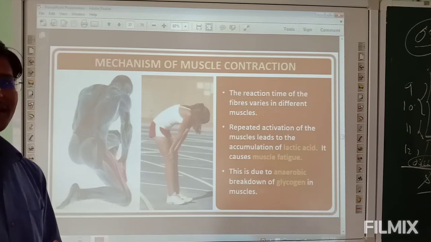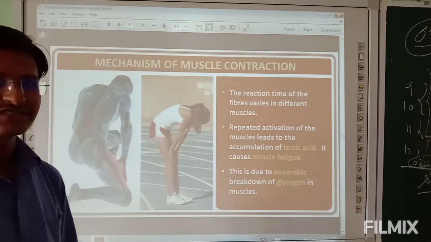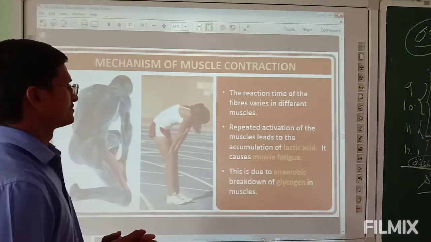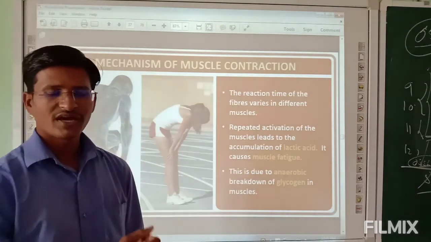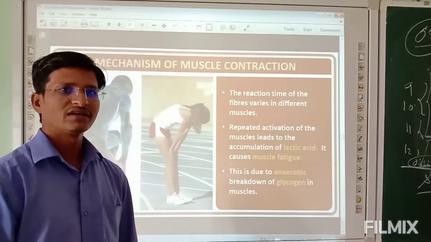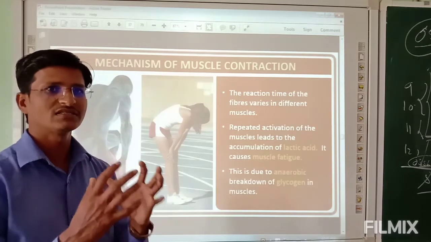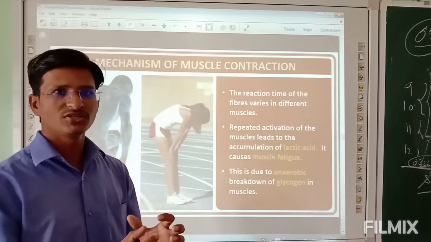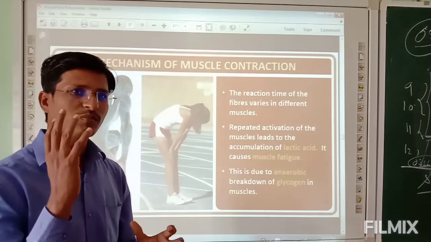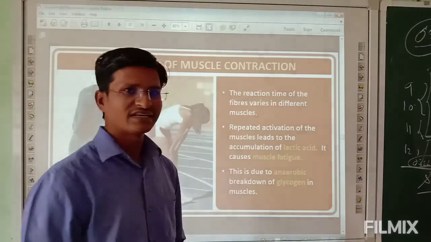When the muscles contract, they produce lactic acid, as you may know. When we are running very fast, after a few minutes we get cramps. The cramp is due to lactic acid, because muscles need instant energy in the form of ATP, and they produce an accumulation of lactic acid.